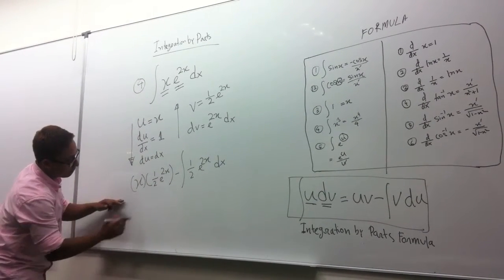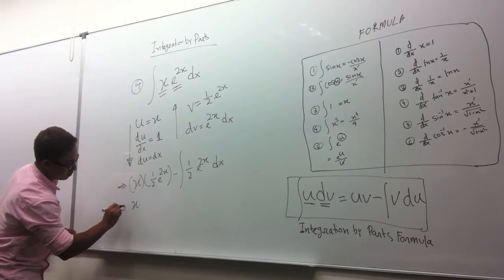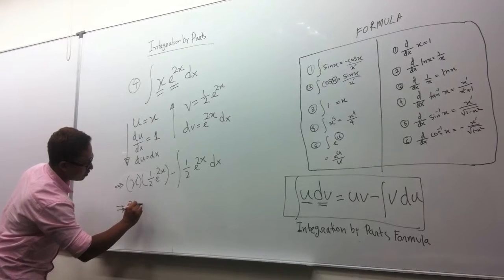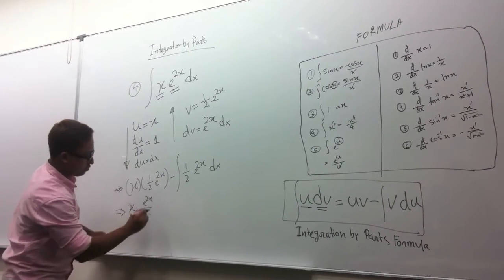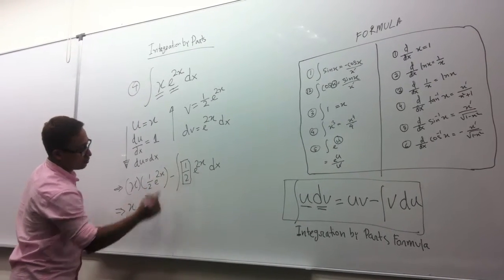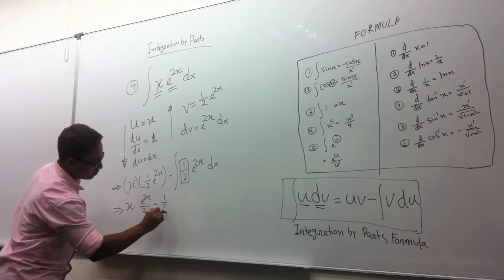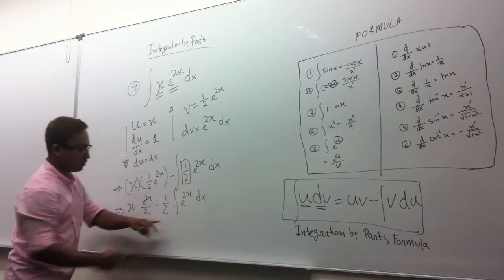So it's x times e to the power 2x over 2, minus, as half is a constant, we can put it outside, half the integration of e to the power 2x dx.